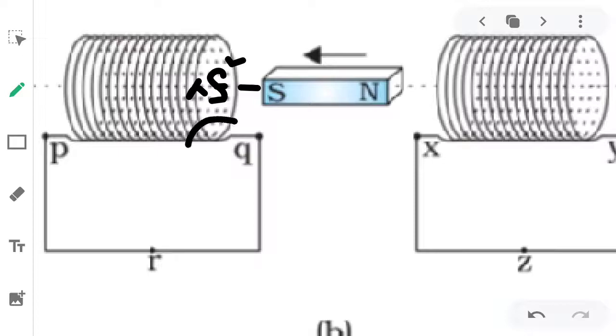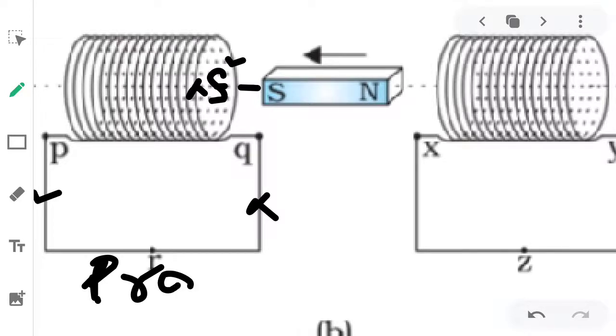Now if you see again this portion here, if I go in clockwise direction, the current must come from R to Q this way. It will enter into the loop and come back from point P. So the answer here is P, R, Q, P.